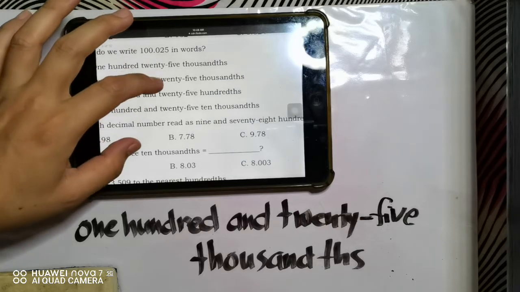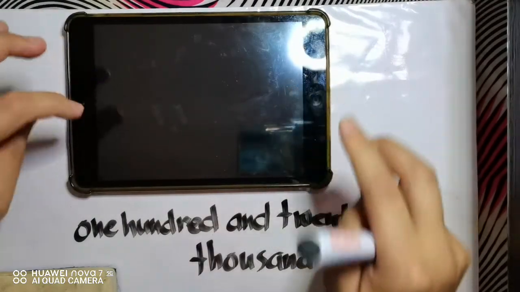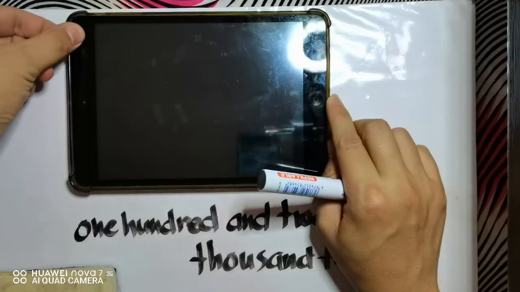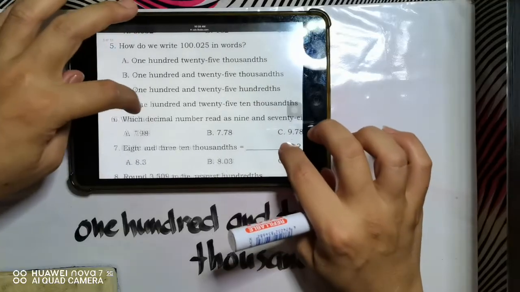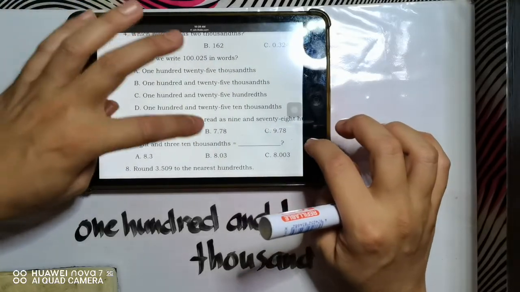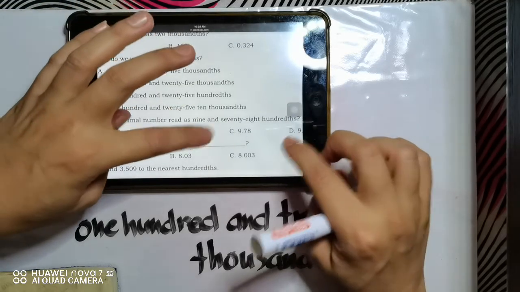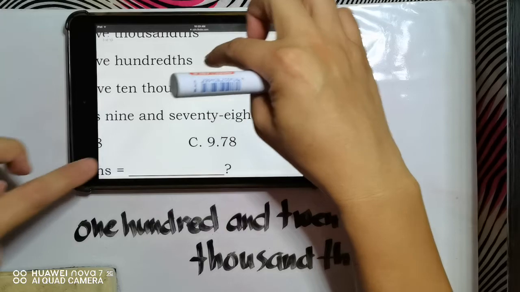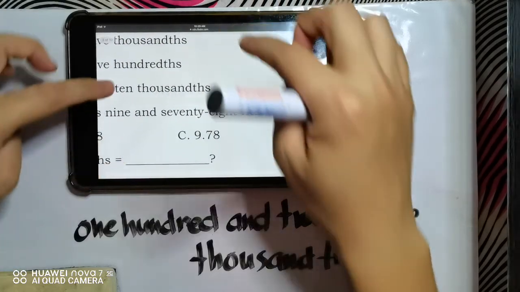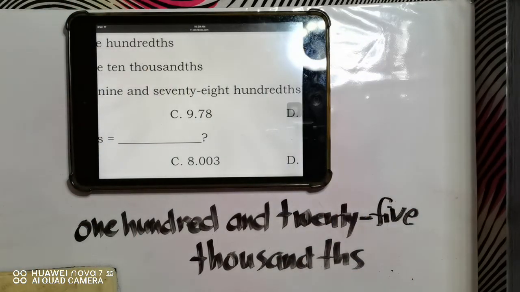Ito naman, vice versa. Yung sunod na number. The number or the decimal is written into words. Gagawin naman natin siyang number. So, which decimal number reads as 9 and 78 hundredths? Okay? So, ayan. So, ayan yung word natin. 9 and 78 hundredths.